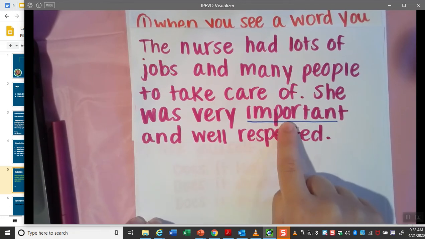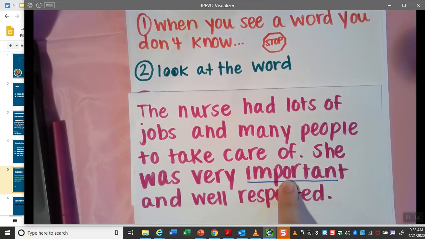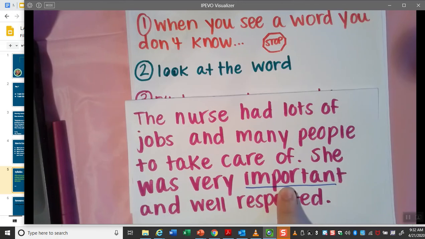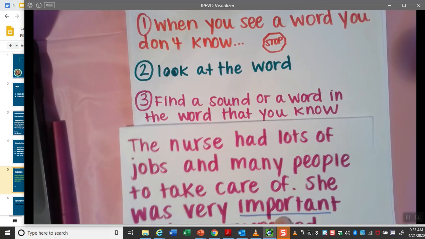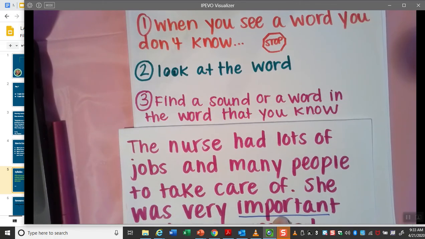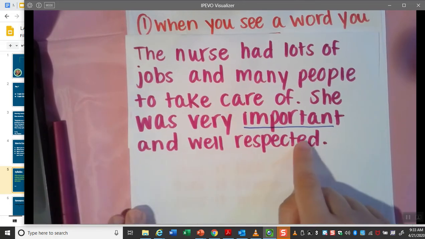The first thing I'm doing is stopping at this word. Next, I'm going to look at this word. I'm asking myself, do I see any patterns? Do I see sounds or words within this word that I already know? So that's the part that takes work.